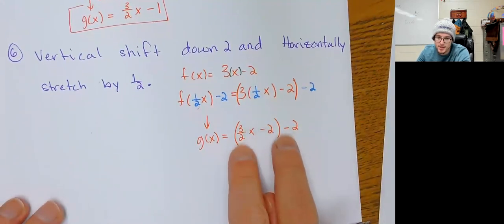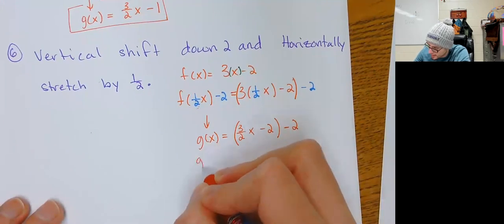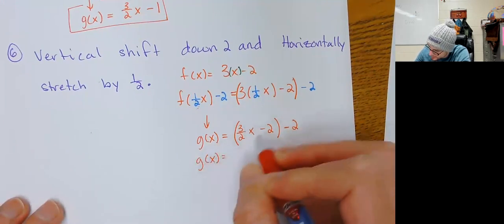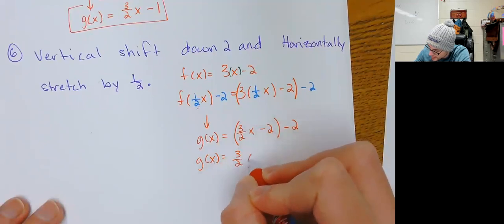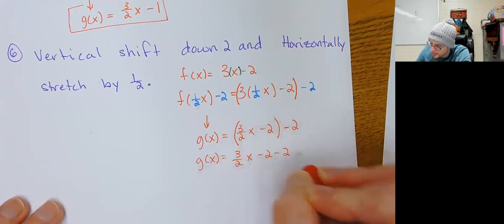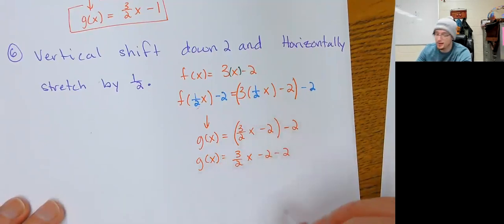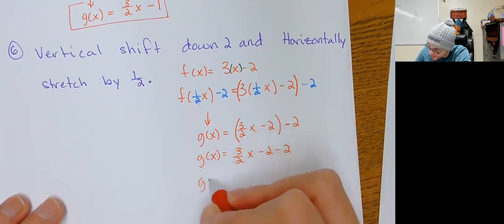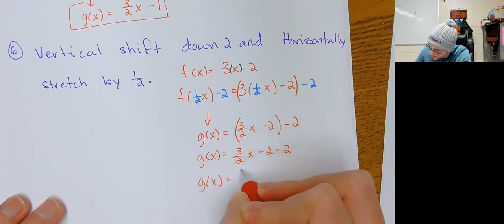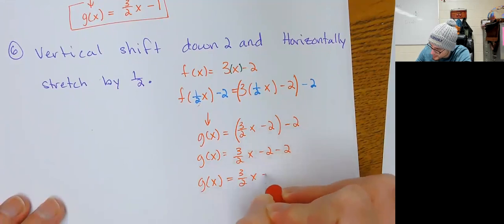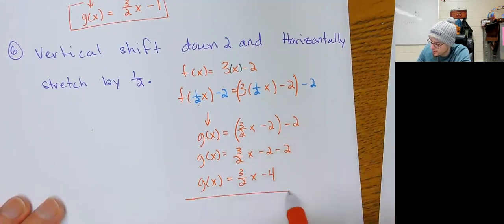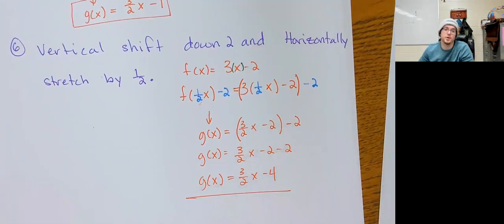Now, are these parentheses really necessary? No, they are not. So I can just drop the parentheses and have minus 2, minus 2. Okay, well now I need to combine like terms, and that would be g of x equals 3 halves x minus 4. That's where we stop.